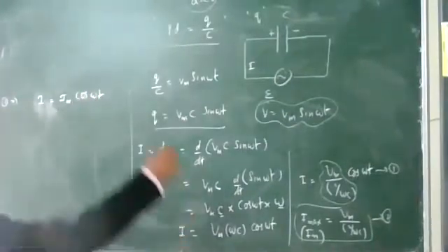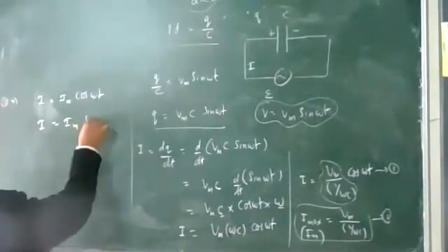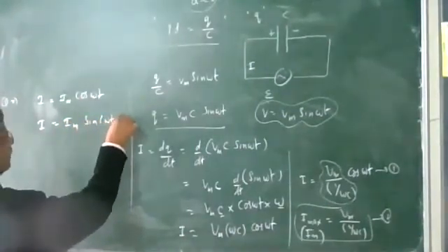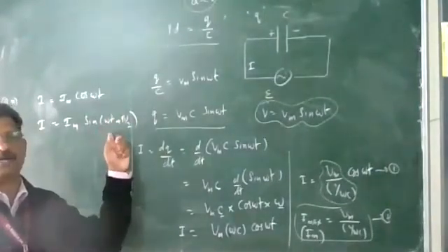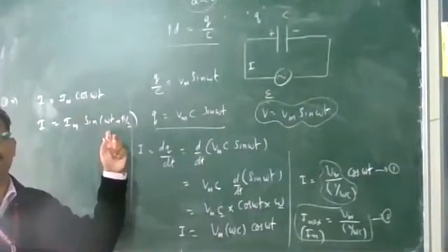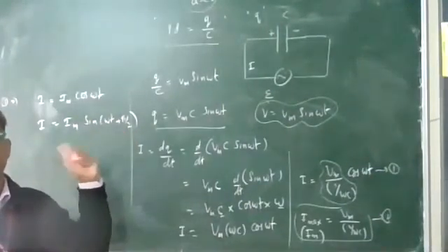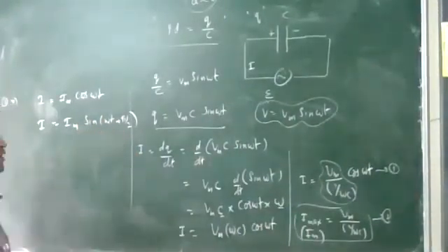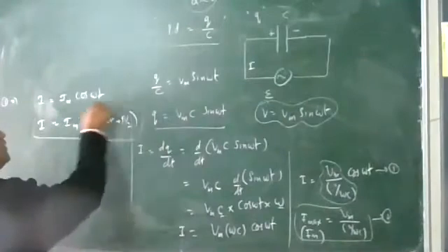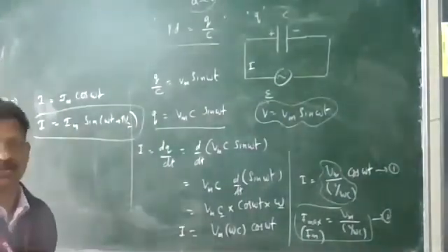So 90 plus theta is the option: I is equal to Im sin omega t plus pi by 2, because we have to start with omega t. Not 90 minus theta; we want omega t plus pi by 2.